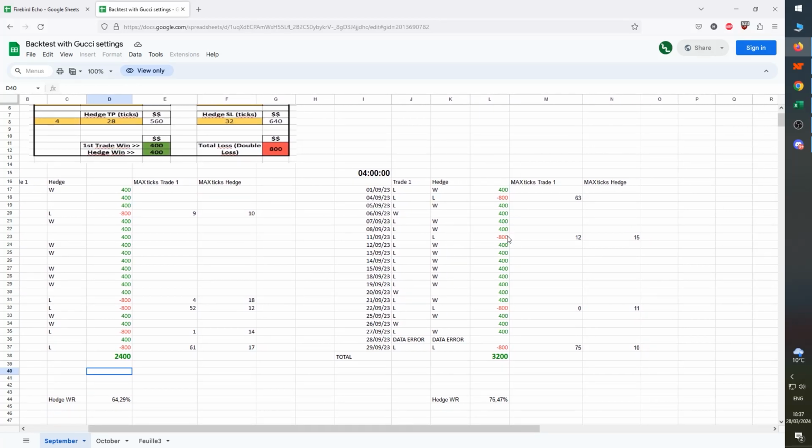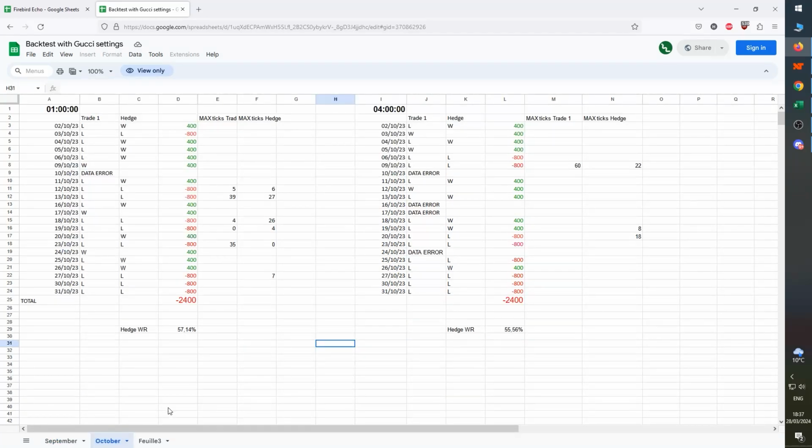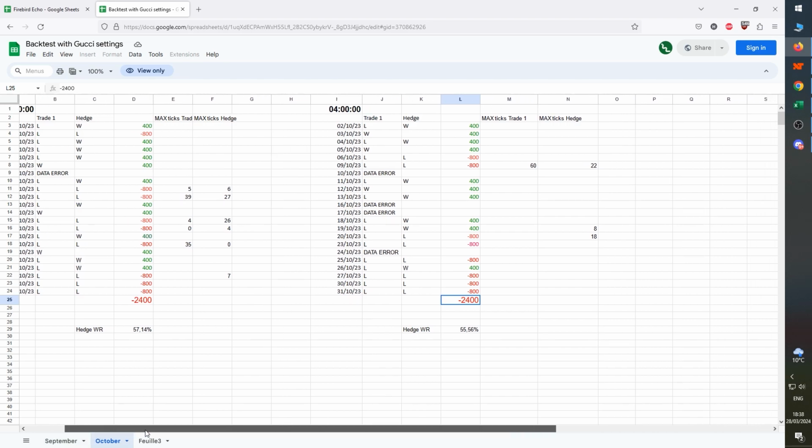These are positive, and these are also positive if you're using the 800. But October wasn't so good. It was minus 2,400, and this is minus 2,400 also. But from January towards March, it was all profitable months. All profitable, and you didn't get a worse drawdown than 2,500 for sure.